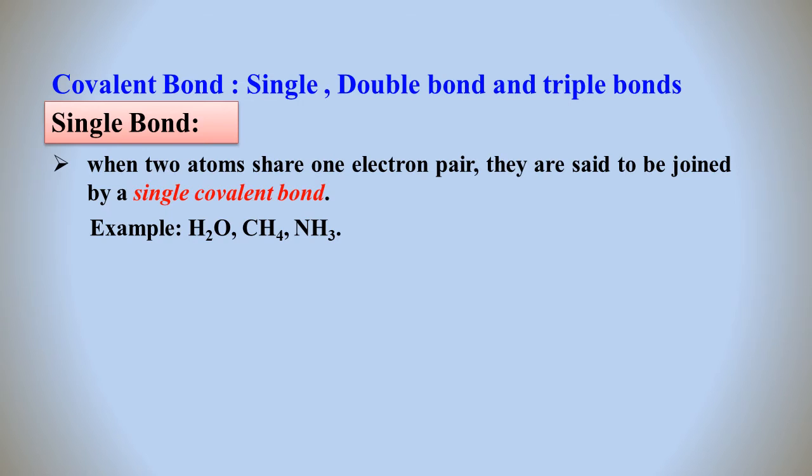And we also have ammonia gas, NH3. Nitrogen needs 3 electrons, so it makes a sharing of 3 electrons with the hydrogen surrounding it. So we have here 3 single covalent bonds.